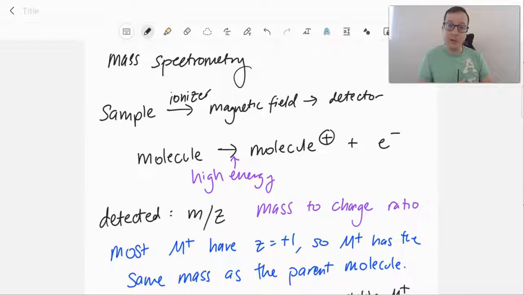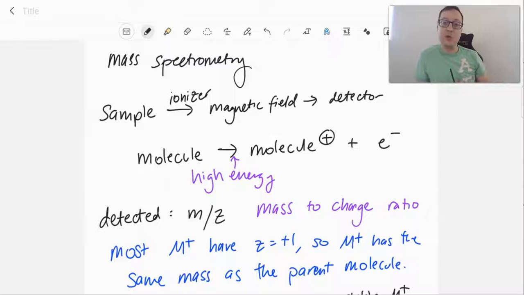What happens to the molecules as they are sent through the mass spectrometer is they encounter some high energy source, whether that be a very high electric field, a large potential difference, or a beam of electrons blasting them. Whatever that energy source may be, it turns it into what's called the molecular ion, which is everything in your molecule is the same except we've blasted away one electron.